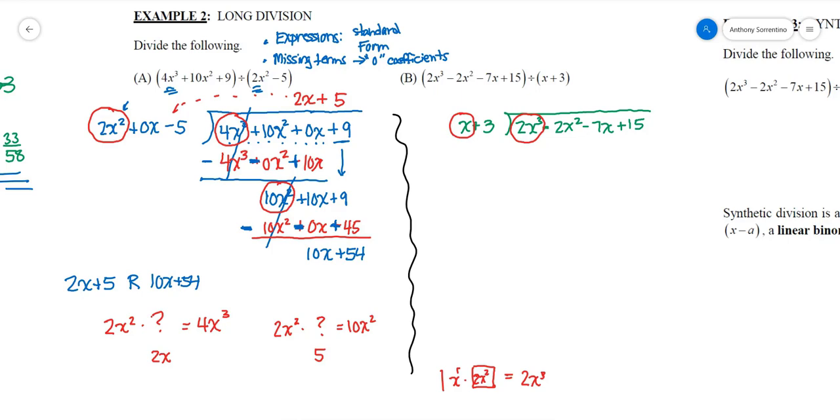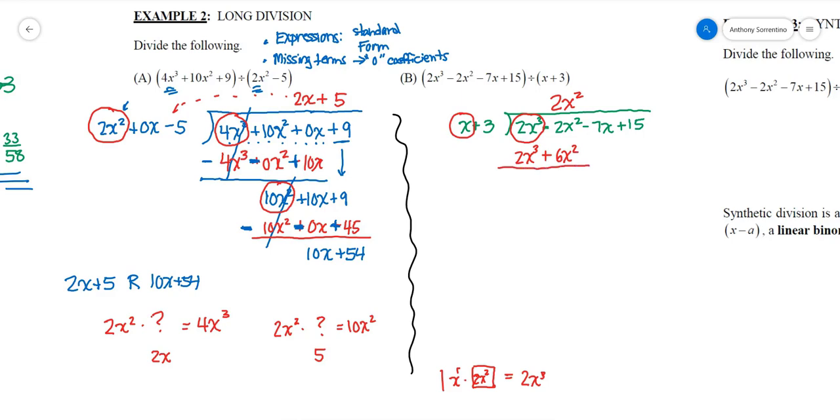So for me to have that all happen, I had to multiply x plus 3 by 2x squared to get a 2x cubed in the same first position. So I'm going to carry through, I'm going to multiply 2x squared to x plus 3. It's distributive again. So I'm going to have 2x cubed plus 6x squared.